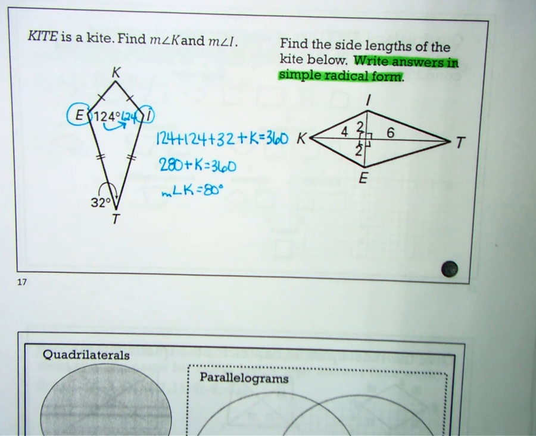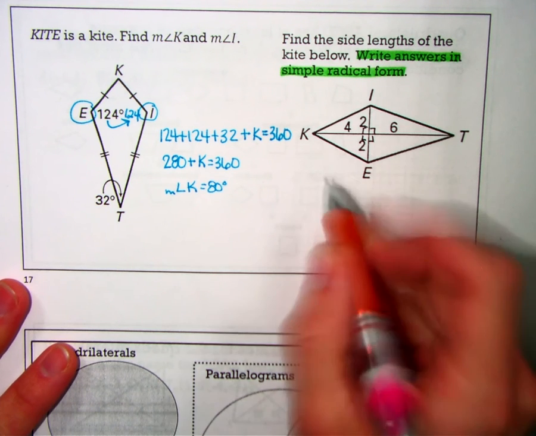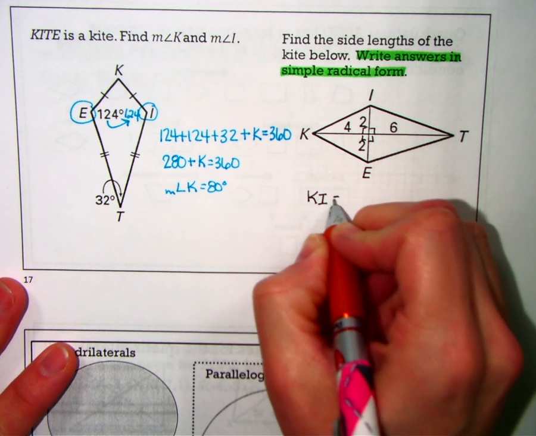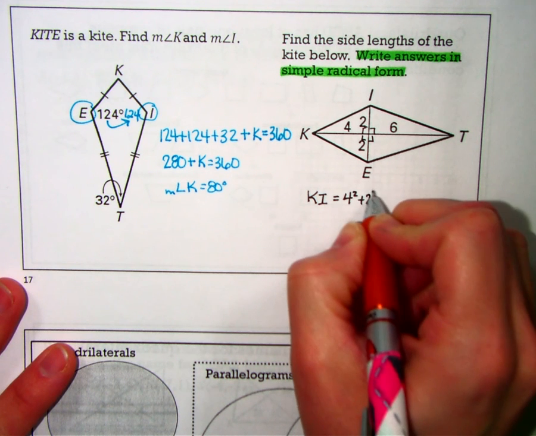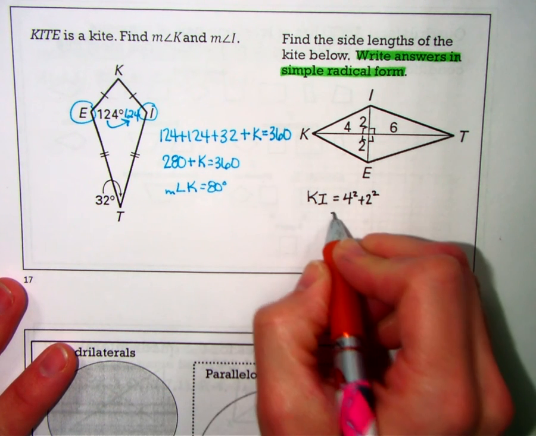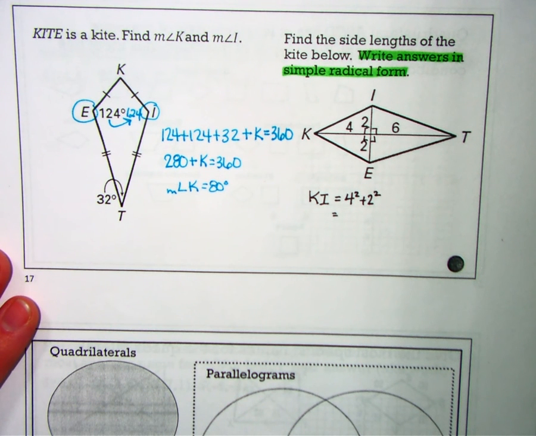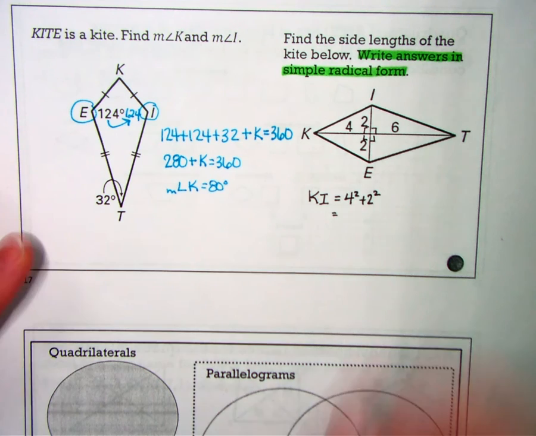So we've got on this side this KI side. So KI is going to be 4 squared plus 2 squared. So that's 16 plus 4. Or if we just type that into our calculator, 4 squared plus 2 squared, you get 20.